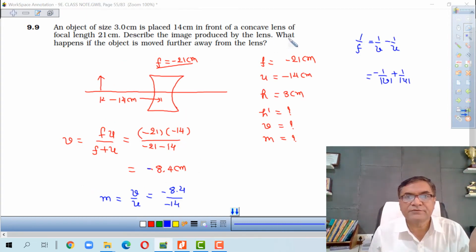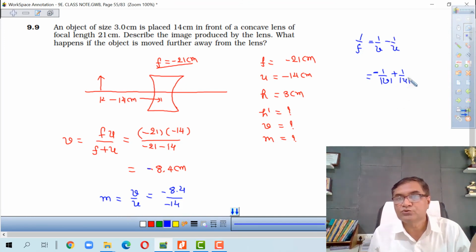Now second question, what happens if the object moves further away from the lens? So our formula 1 upon F is 1 upon V minus 1 upon U. And now we put the magnitude. So V is negative, so I put negative sign, magnitude of V. And U, magnitude is U, but it's always negative, so I put positive. So if I increase this, this value will decrease.